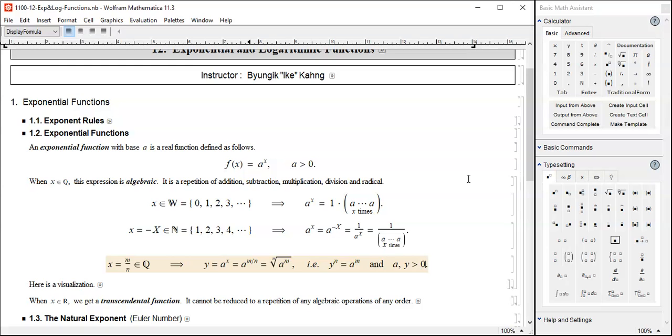And it also comes from basically a repetition of multiplication with a bit of conversion as well, this reverse as well. So y is a to the x power, or a to the m over n power, or nth radical of a to the m power. That means y to the nth power is equal to a to the m power, where a and y are both positive.